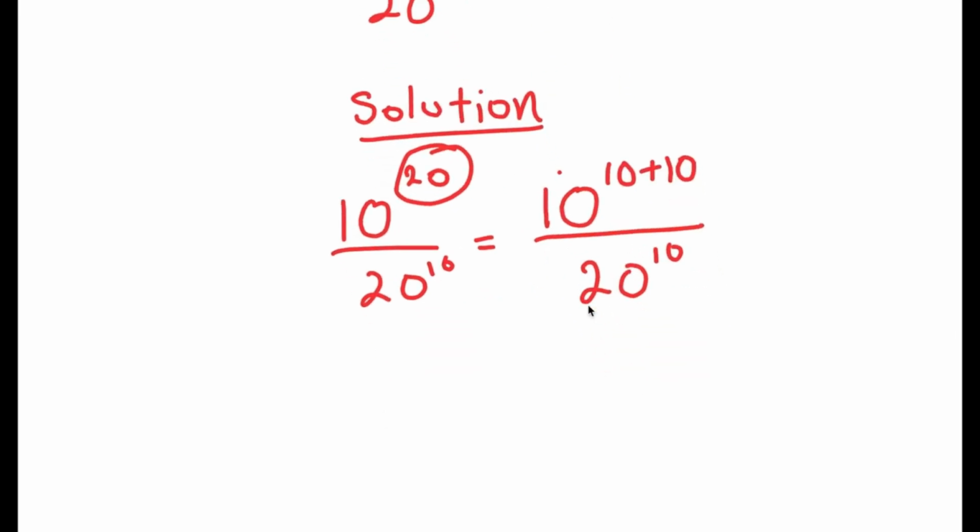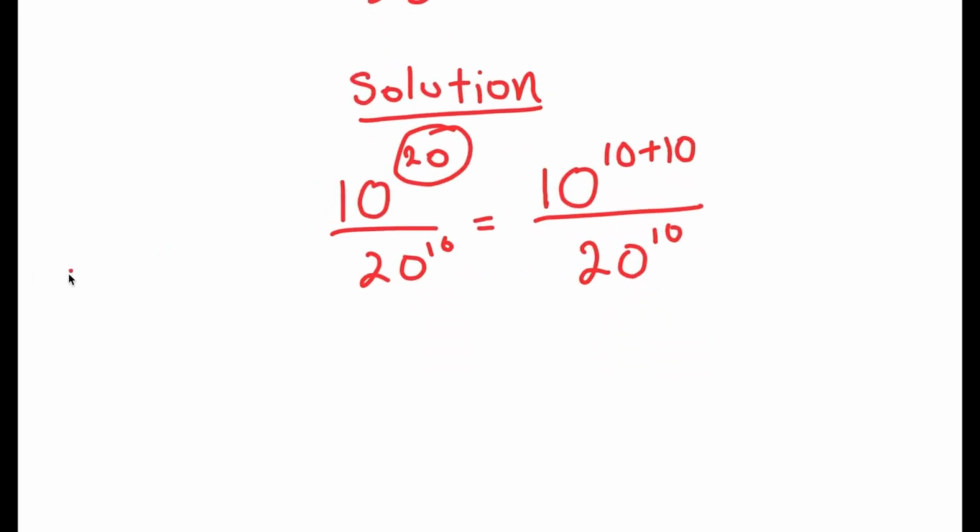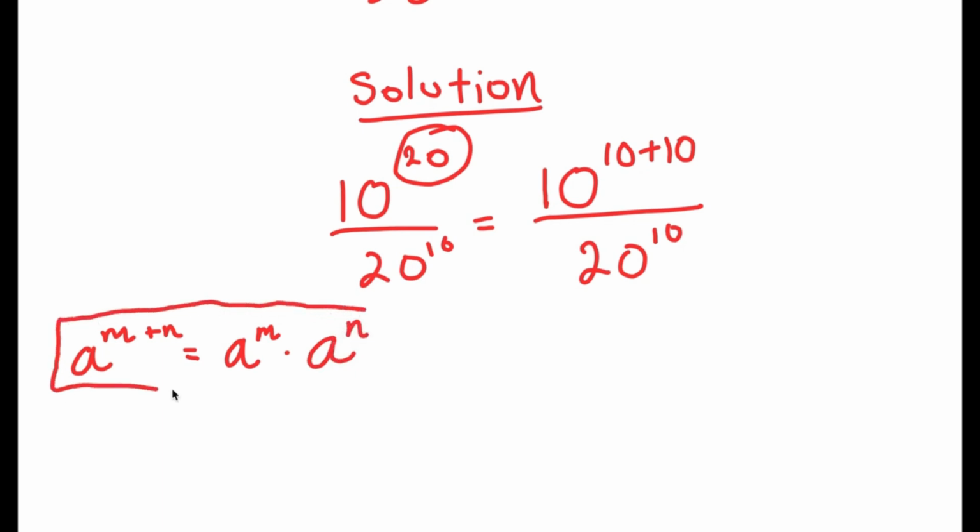Now, the reason I did that is so I can use the property a to the power of m plus n is equal to a to the power of m times a to the power of n. So this is an important property of exponents, and I'm going to use this on 10 to the power of 10 plus 10.